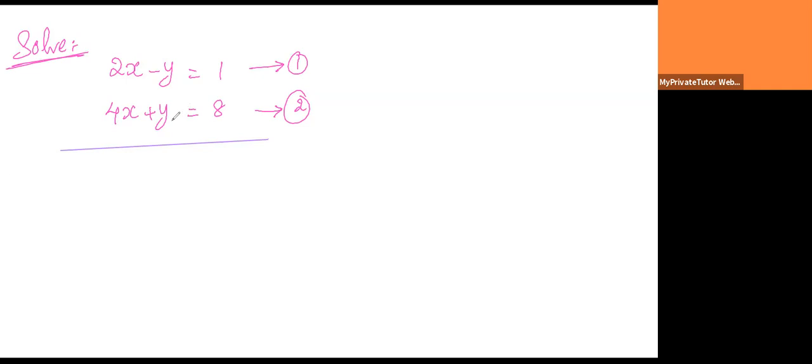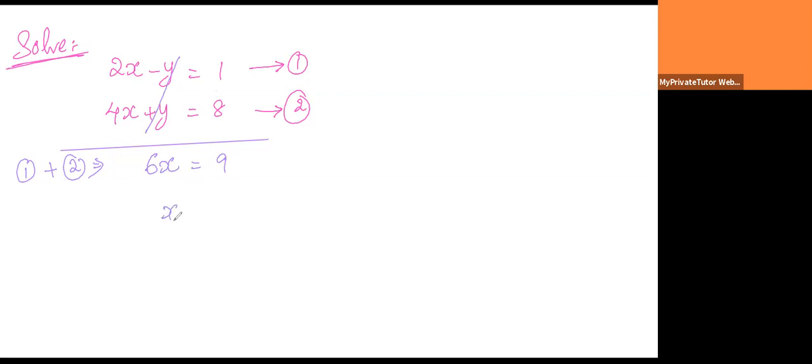This time you are going to add, because we already have one negative sign and one positive sign. If we add, y minus y becomes 0. That's why, so just add it. 2x plus 4x is 6x. y minus y is 0, equals 9.